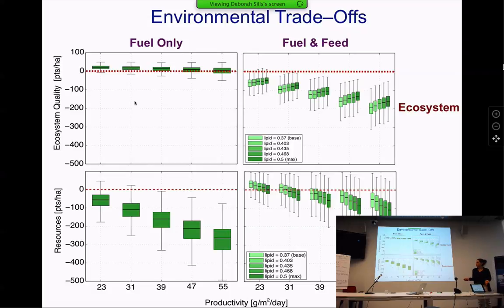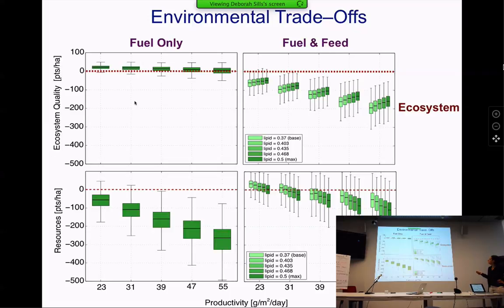These are grams per meter square per day. It's an areal growth rate. We tried to look at what happened when we increased this growth rate up to what is theoretically possible, though I doubt this will ever happen, 55, but I don't know, maybe 31, maybe 39. It'll be really hard. The purpose of the study was to see what kind of growth rate we need to get to.